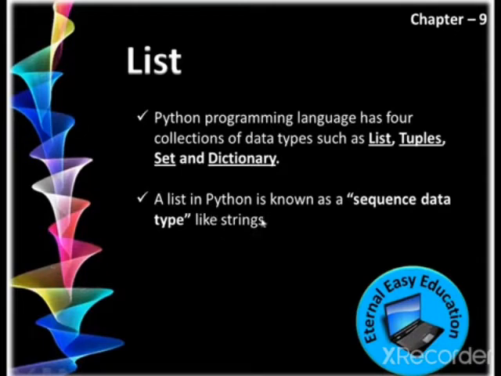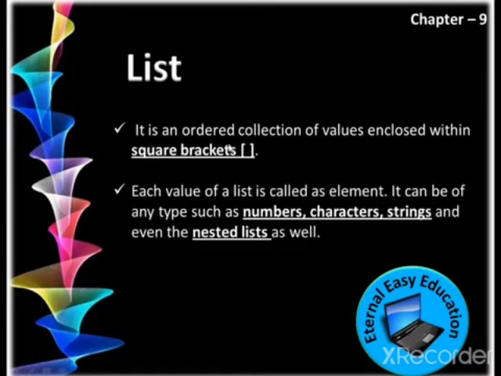So a string is a collection of characters or alphanumeric. Like that, in Python, list is known as sequence data type. It is an ordered collection of values enclosed within square bracket. Do you remember your array in C++?